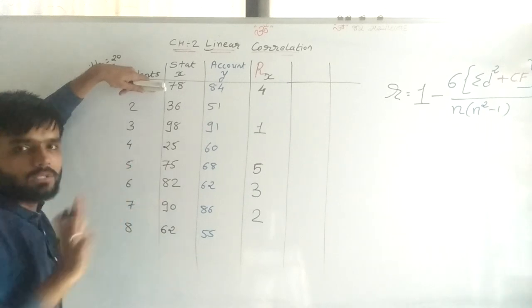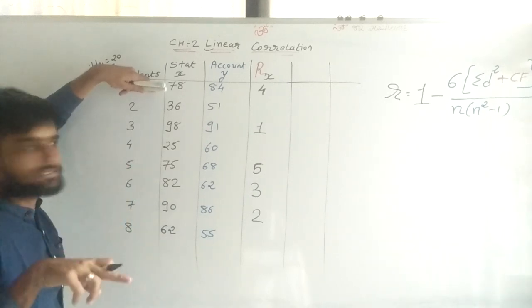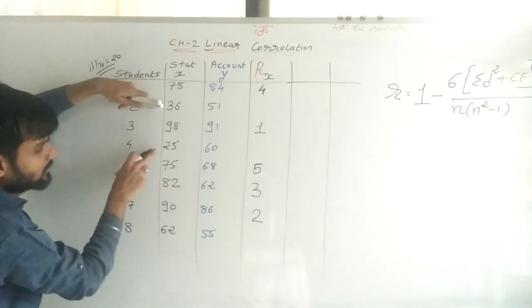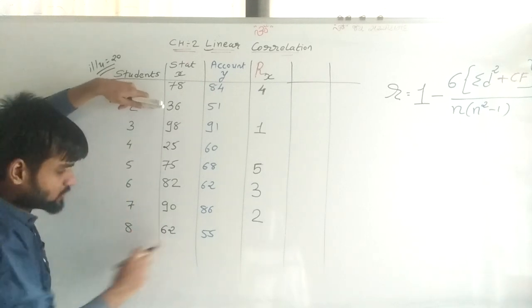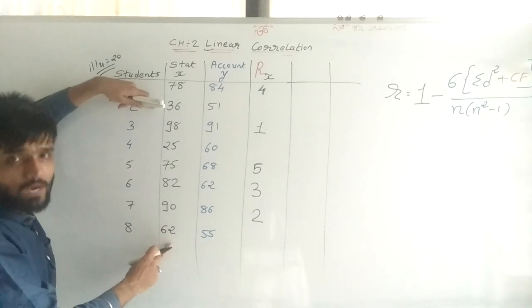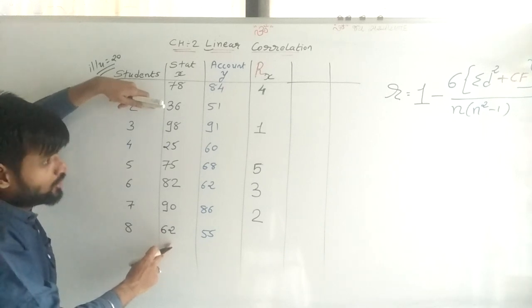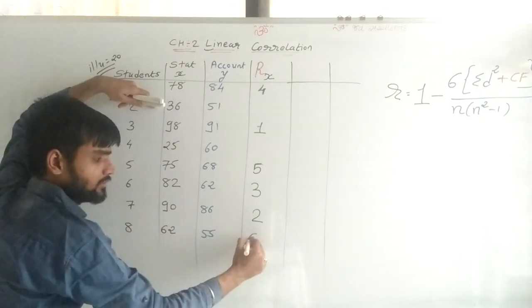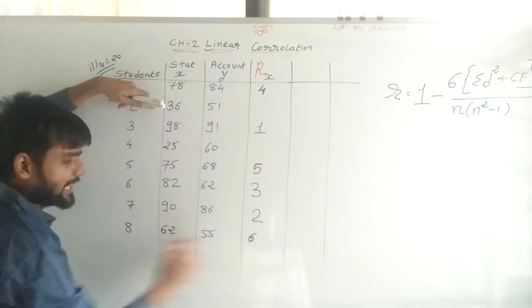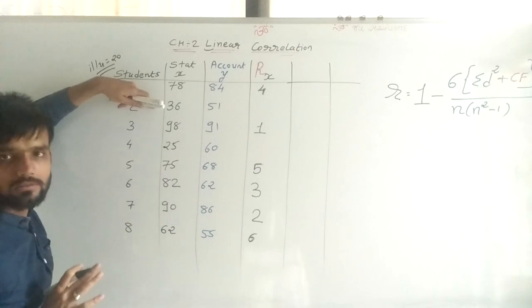So 70s line completed. Now check the 60s line. So the last student, the 8th number student, has 62 marks. So 5 ranks are already given. This last student gets 6th rank.